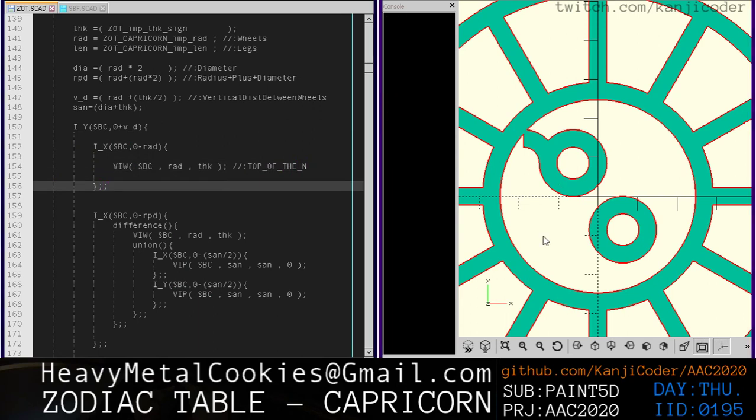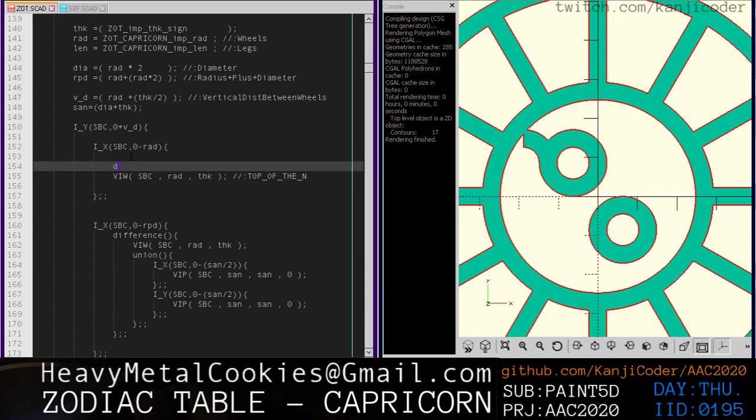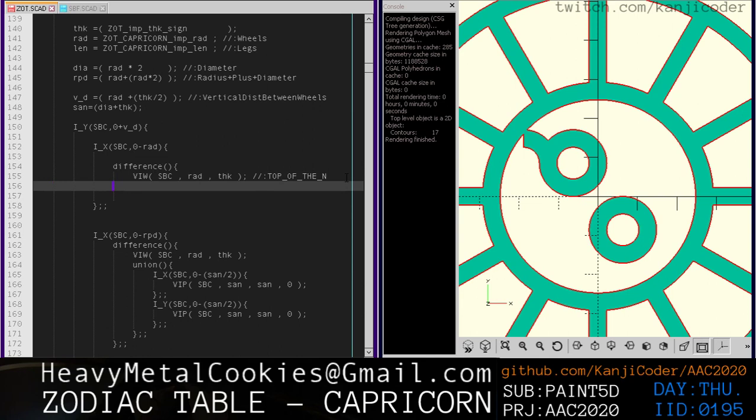Okay, F4. So to fix this, we can just go difference. And we will subtract, we'll do int y, we'll move it on that y, SBC minus 0, minus the span, I guess, still, or no?